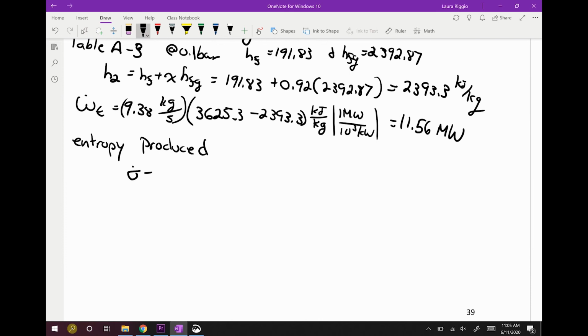Next, it wants the entropy produced. Our entropy production rate is my mass flow rate times my change in specific entropy. I need my s1 and s2.